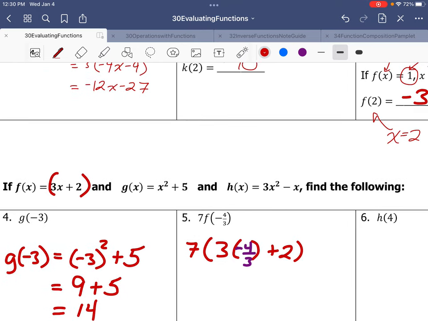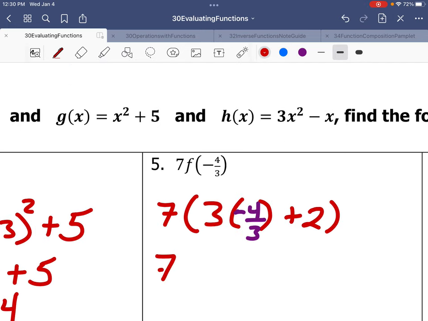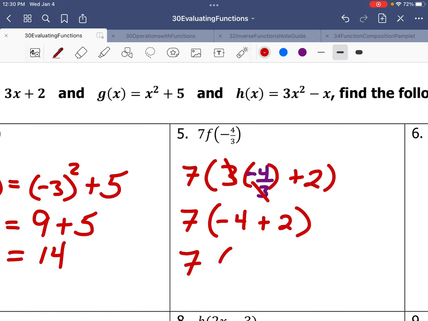So it's kind of like I put a 7 in front of this equation, but again, I also plugged in -4/3, which is the main part of the evaluating. 7 times -4/3: these 3's are going to cancel and just leave you with -4. As I keep doing the order of operations on the inside of the parentheses, I eventually get -14.